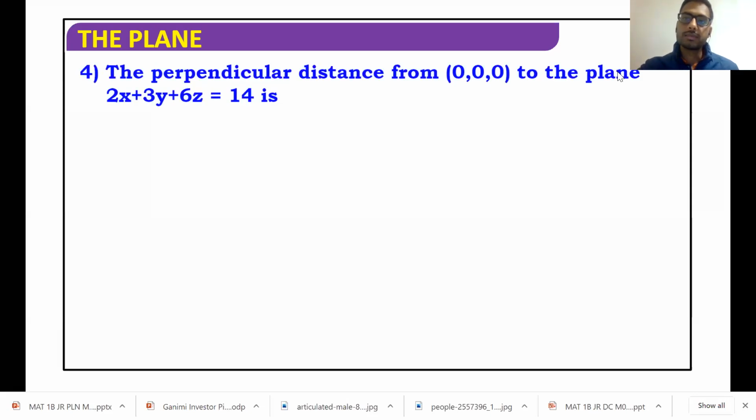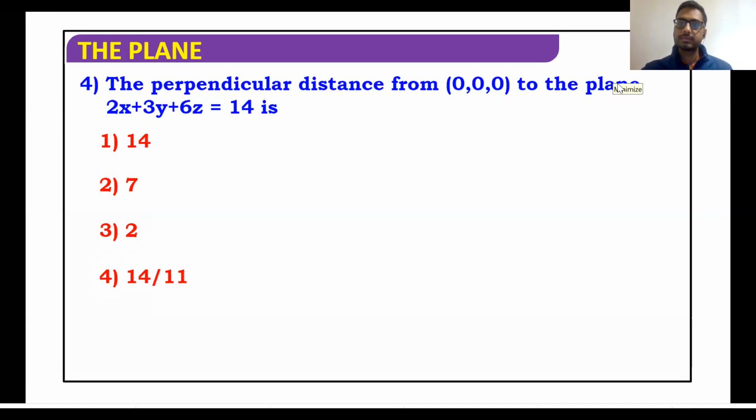Perpendicular distance from origin to the plane is question mark. Again, straightforward question. I'll give the 4 options. Type in the answers to let me know which one is the correct answer. Omkar, Rutvik, Neha, Srushti. Fast. A, B, C or D?